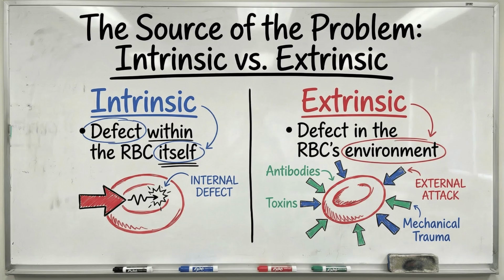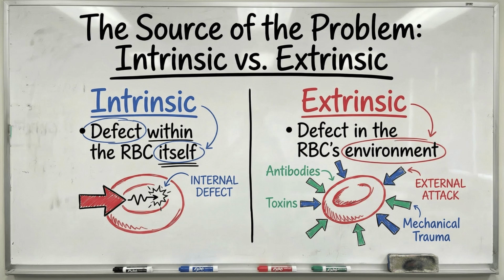Once we've confirmed hemolysis with that lab profile, the next crucial step is to determine the source of the problem. Is it intrinsic or extrinsic? This distinction is fundamental to understanding the underlying pathology. Think of it this way.